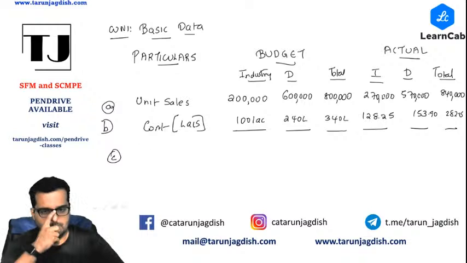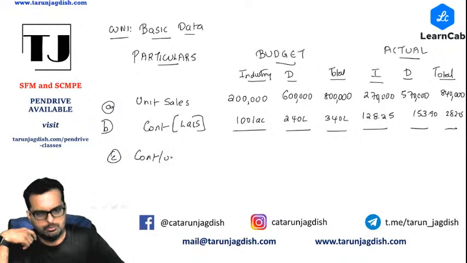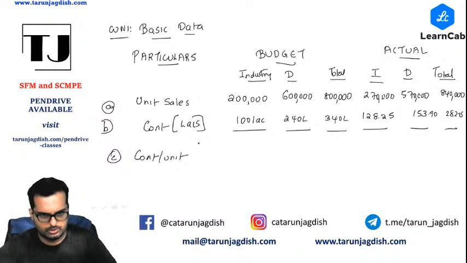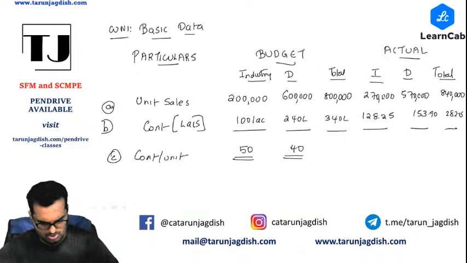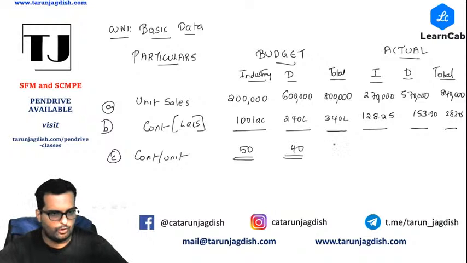Point number C from this would turn out to be contribution per unit. Okay, so 100 lakh divided by 2 lakh would give you the answer as 50 for the first one. 6 lakh would give you the answer as 40 for the second one. Overall average 340 divided by 8 lakhs would be 42.5. This is the average.